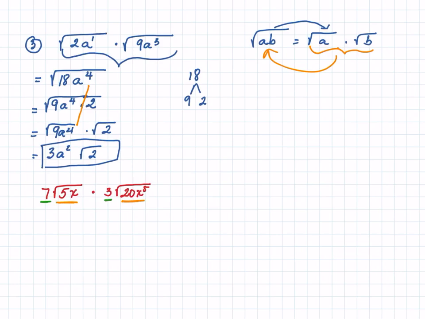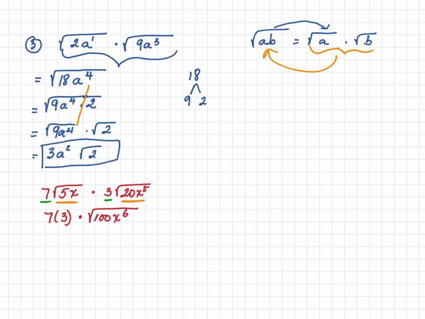Remember, you can always simplify first before you multiply, but because I saw that when I multiply together, it has a perfect square. So I'm going to take the 7 times the 3. This all multiplications, and then I'm going to take the 5 times the 20, that gives me 100. x to the 1st times x to the 5th, that should give me x to the 6th.